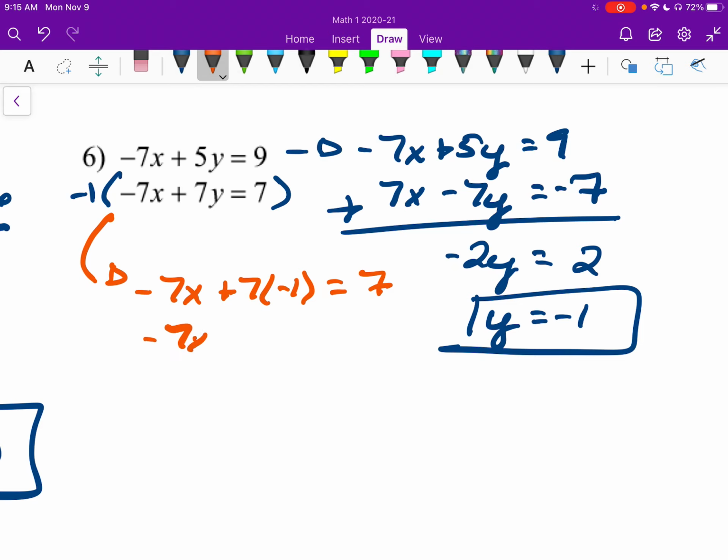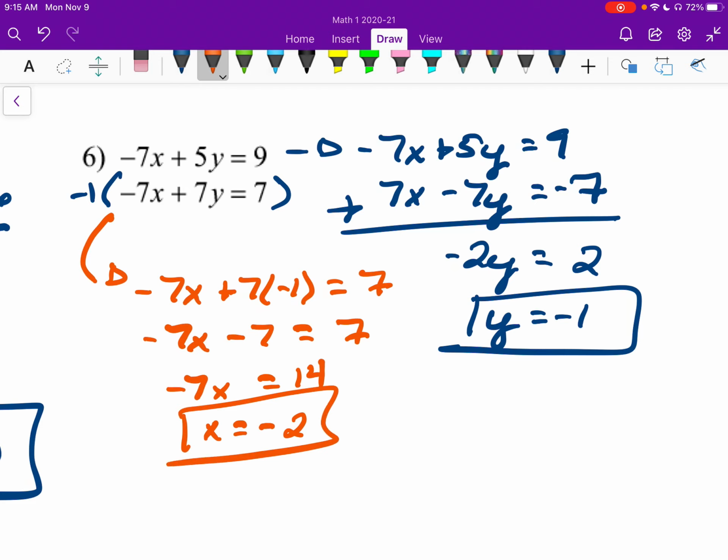So negative 7x minus 7 equals 7. Negative 7x equals 14. And x is negative 2. I write my answer as a point, (-2, -1).